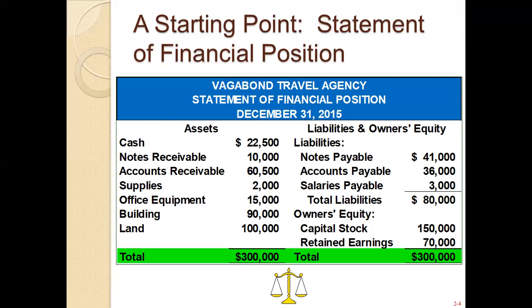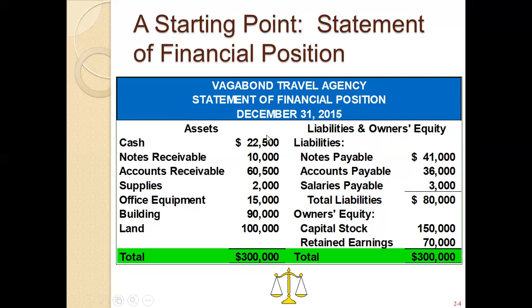I mean to say it is closed at December 31st, 2015. It is a closing accounting period in which you are providing your accounting information, and you are discussing the financial position of our business on December 31st, 2015.